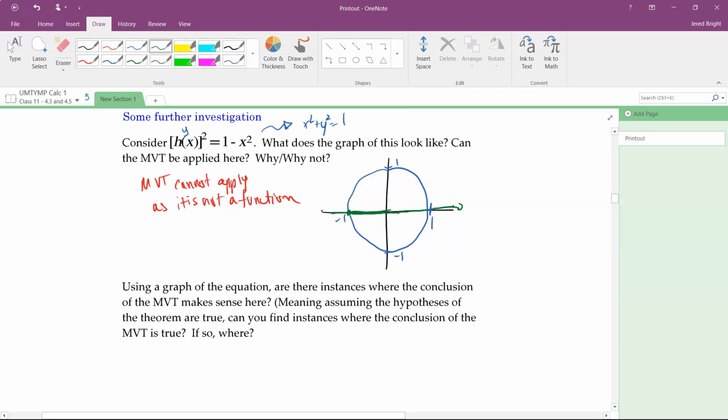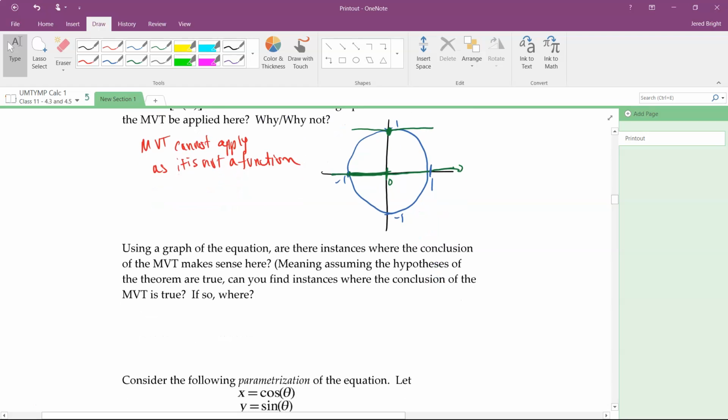Are there places on this graph where the instantaneous rate of change, or the slope at that point, is 0 as well? Yeah, actually, right at the top here. So the mean value theorem seems to apply because at 0, it has a slope of 0, which is the same as the secant line slope between the two endpoints of 1 and -1. So it makes sense, but what do we do?